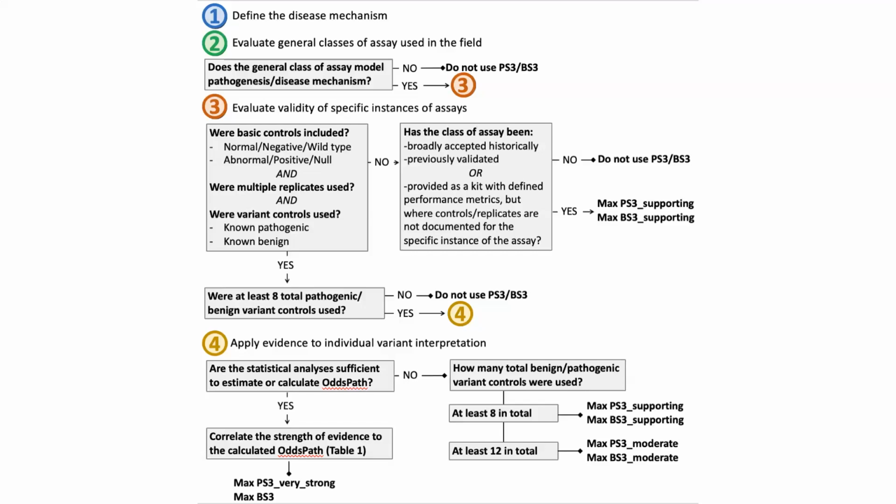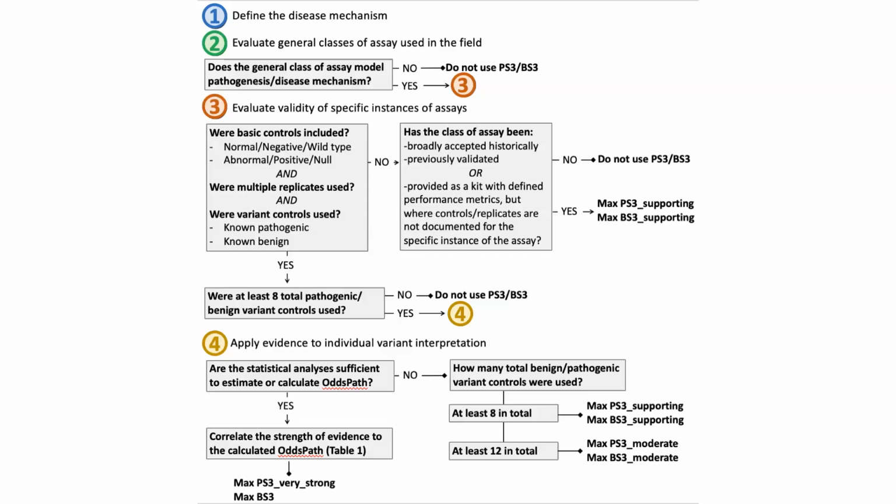Sarah, I know you had said that this scheme should really apply to each instance of the assay, but if you have a well-known research lab that's been working on a particular disorder for a long time, and among the results that they've published, they're not really reporting pathogenic and benign variant controls as such, but among the variants that they have reported, these are now well-known pathogenic or benign variants.